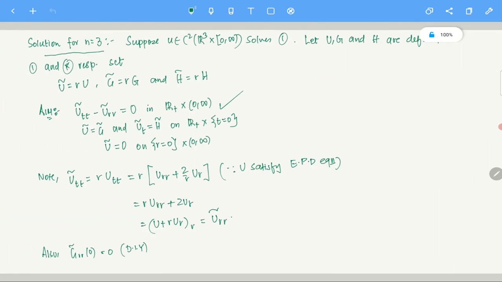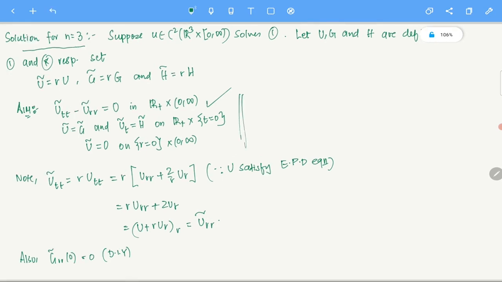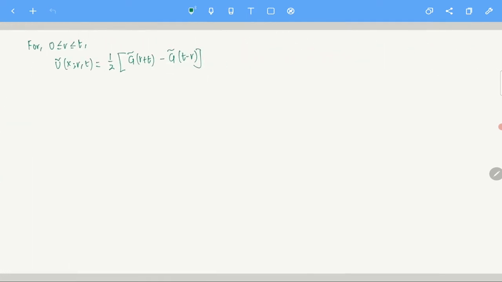I showed that Ũ satisfies this equation in a half space. If you remember, I can use the reflection, and using reflection, I can now write it down using D'Alembert's formula, as we did last week.